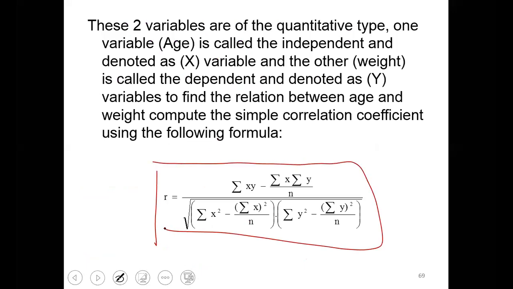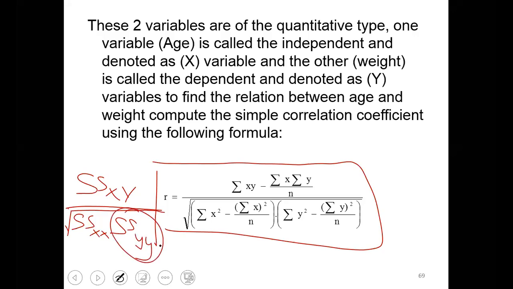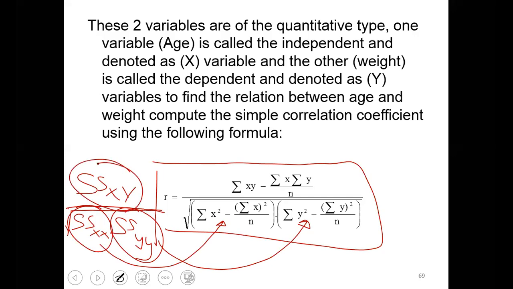The sum square of xy divided by the square root of sum square of x, sum square of y. So this component is the sum square of x, and this component is the sum square of xy. This is the expansion of that. You should remember these formulas.